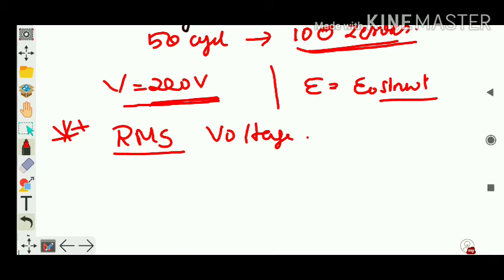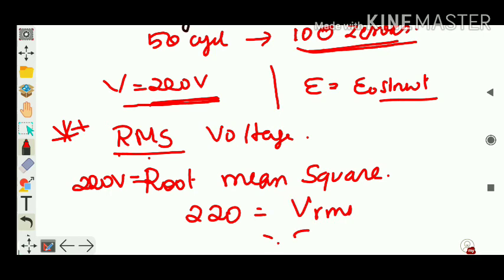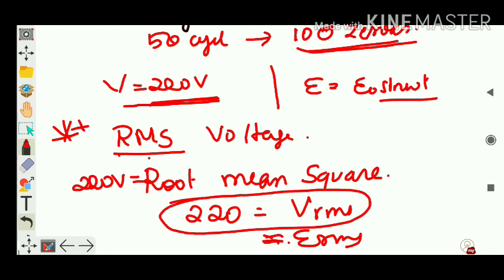What is RMS? Root mean square. The 220 volt which I just told you is the root mean square voltage, usually written as VRMS, or you can write it as ERMS. So this is the voltage which you receive in your home.